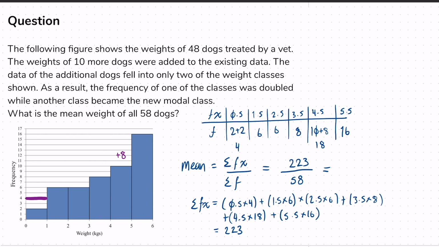Well, it's approximately equal to 3.84 kgs. So having dealt with the information we were given, we cancelled out a bunch of stuff before using our table to help us answer the question of the new mean weight for the 58 dogs.